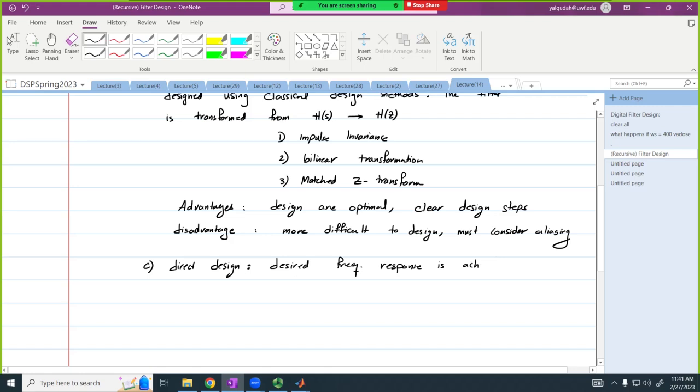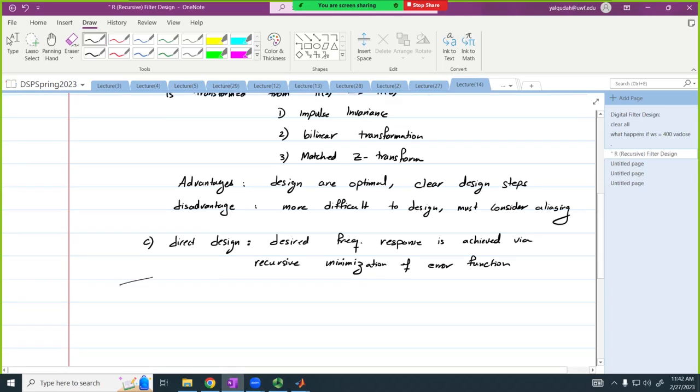So we're going to have a desired frequency response, and we can tune the parameters.